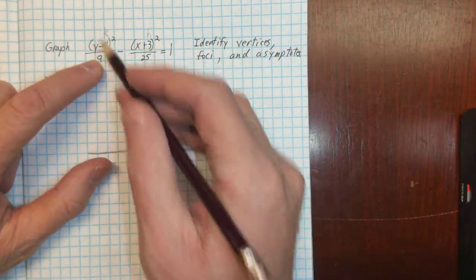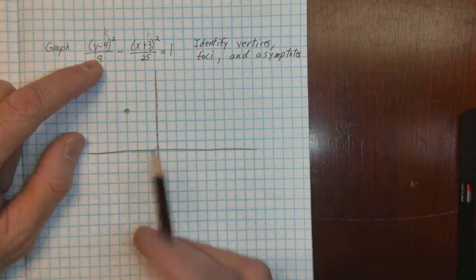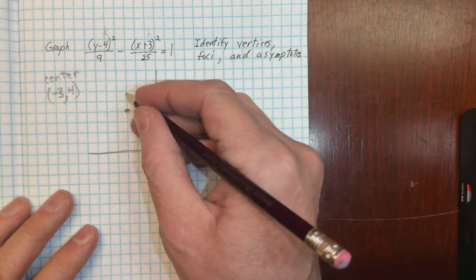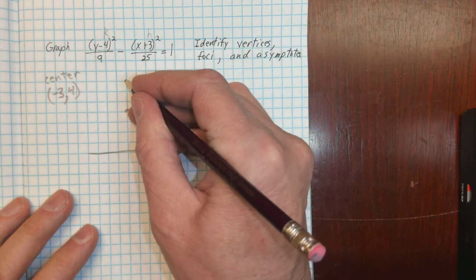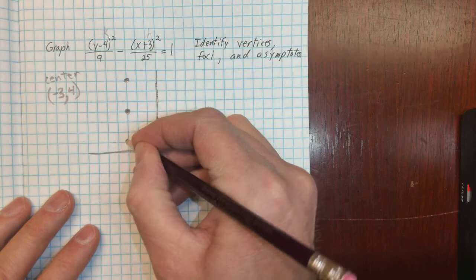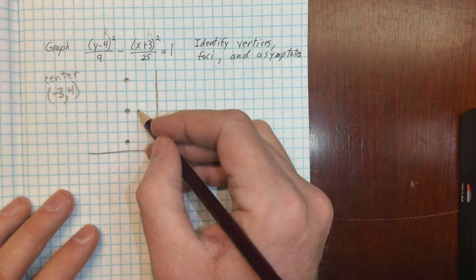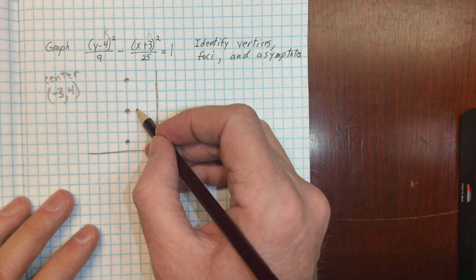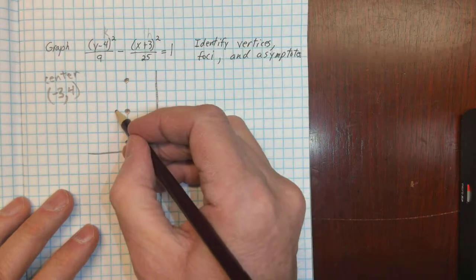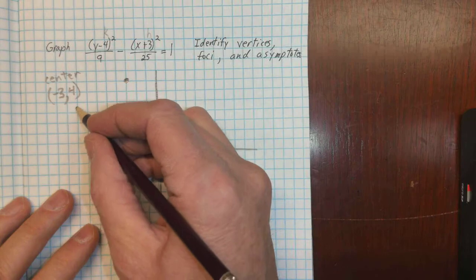Okay, so I'm going to go up 1, 2, 3 units this way. There's a vertex. 1, 2, 3 units. There's another vertex. I'm going to draw my box. 1, 2, 3, 4, 5 out here. 1, 2, 3, 4, 5 out here.